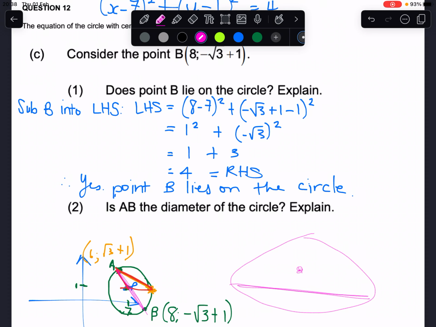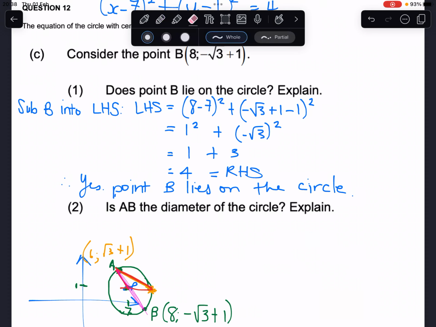So, all of that messy reasoning to say, typically every other chord in the circle, so a line joining 2 points on the circumference, will be shorter than the diameter.